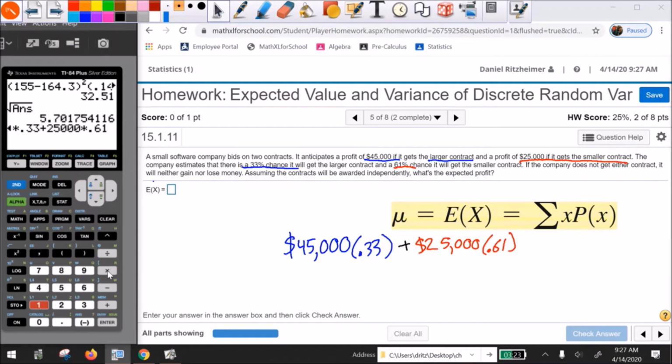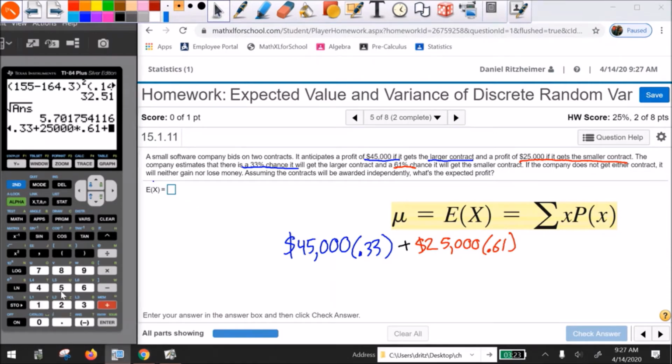Now, they will get no profit or loss if they are not awarded either contract. Notice that 33 and 61 doesn't add up to 100. It adds up to 94. So there's a 6% chance of them not being awarded either contract, in which case they would not gain nor lose any money. So I could include that in this calculation if I want.